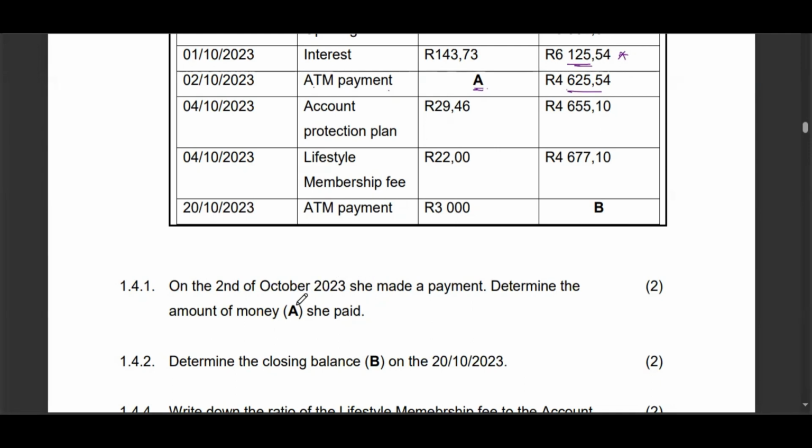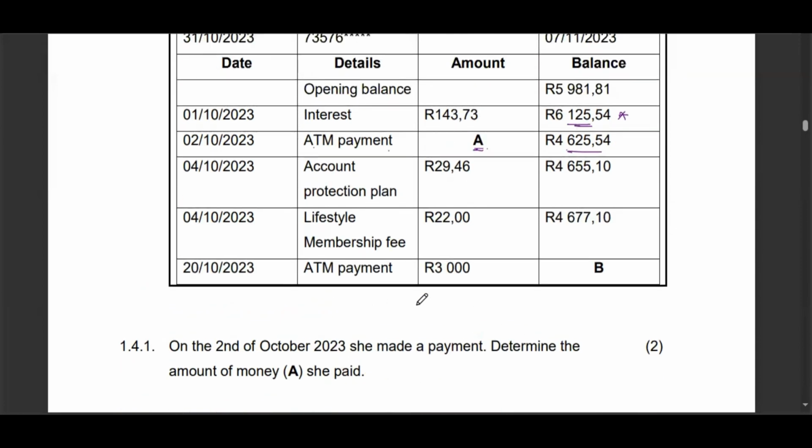Determine the amount of A she paid. Before A was made, the balance was 6,125 rands 54 cents. After the payment was made, the money became 4,625 rands 54 cents. So how much was deposited?